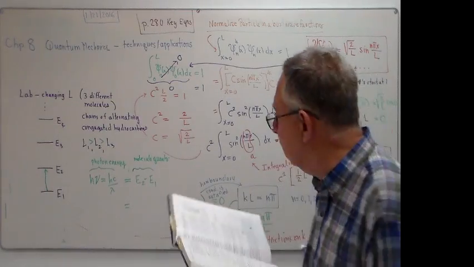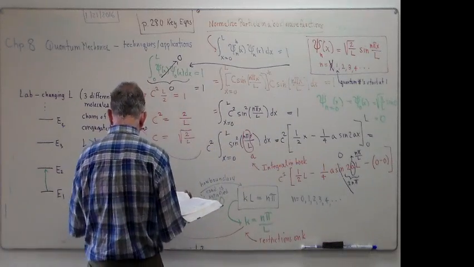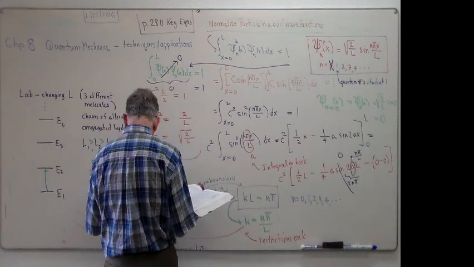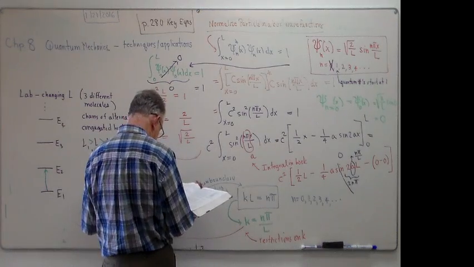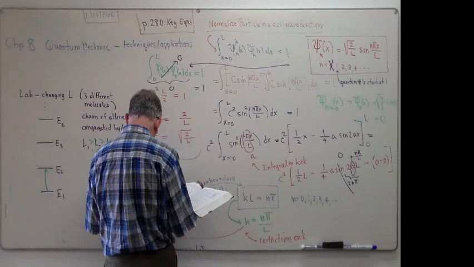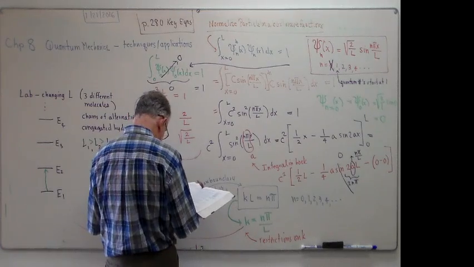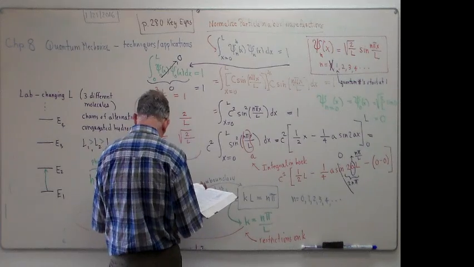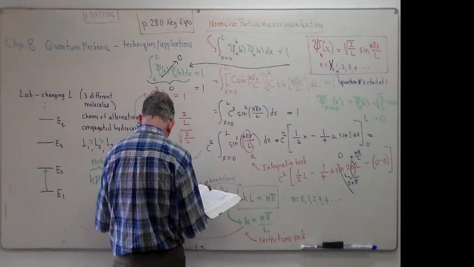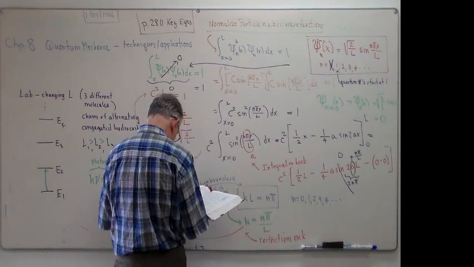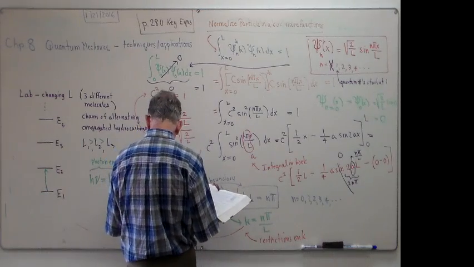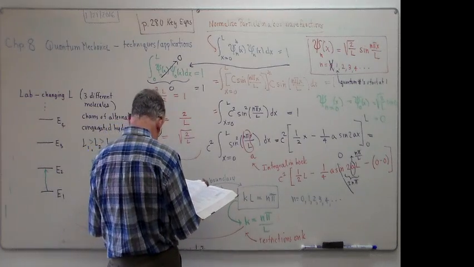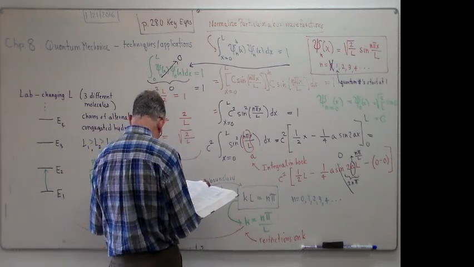Okay, so it's n squared, so that's 2 squared, h bar squared, pi squared over mL squared, right?